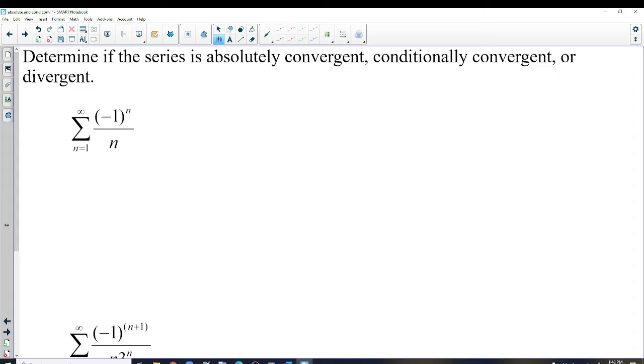Determine if the series is absolutely, well, same instructions. So let's look at this one. This is the alternating harmonic series. So let's get rid of the negatives. Let's take the absolute value. And we get 1 over n. And we can say it diverges by the harmonic series.